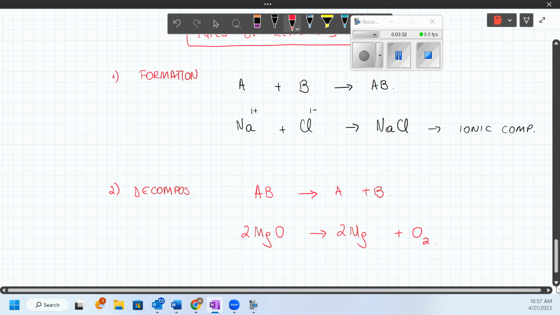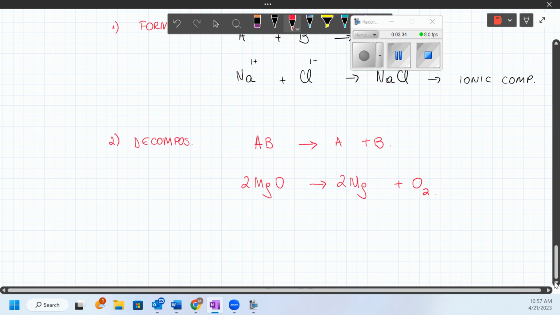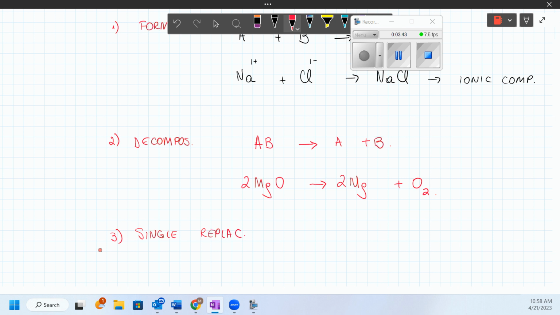Okay. The third type of reaction is known as the single replacement. In single replacement, the metal in one of the compounds, an ionic compound, is replaced by another metal.